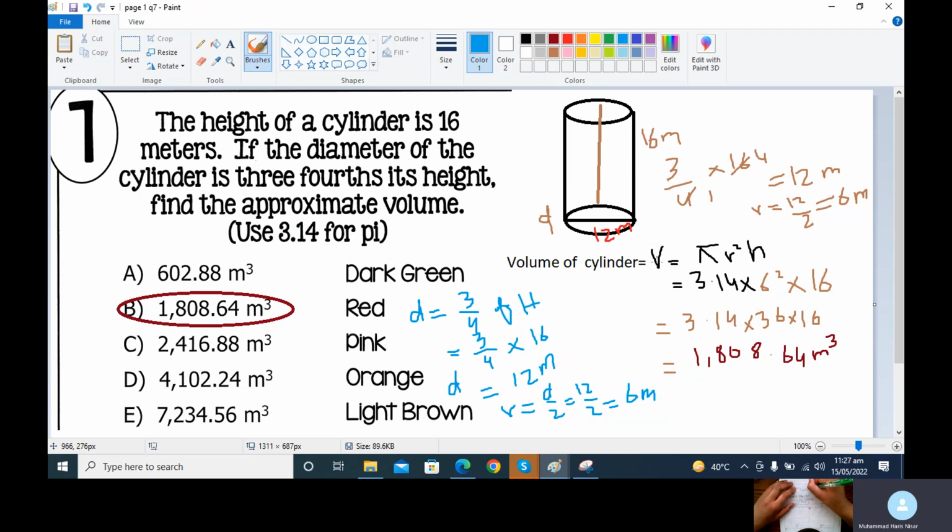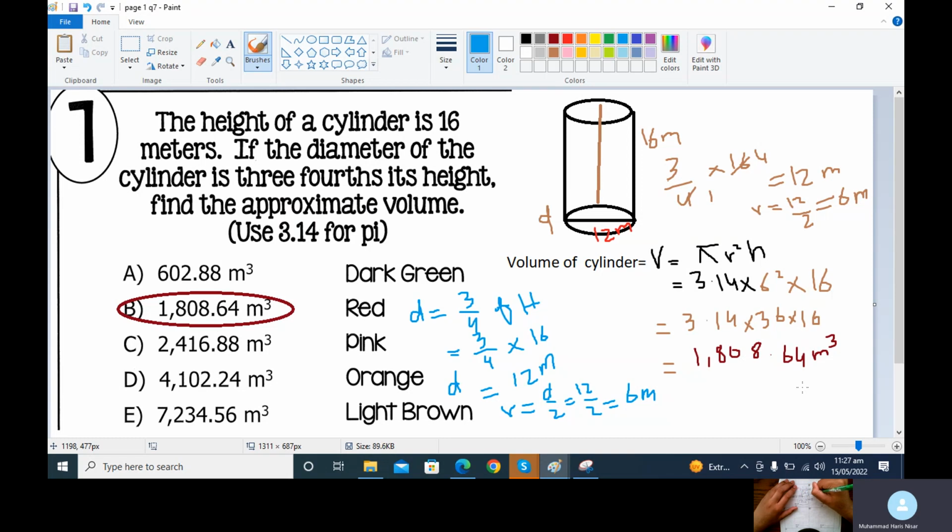Times height. So then 3 by 4 times 16 equals 12. 12 divided by 2 equals 6.